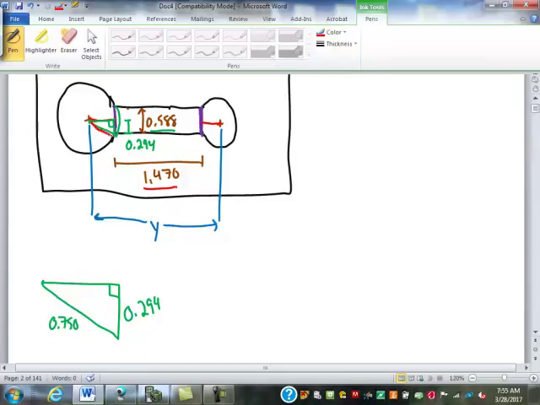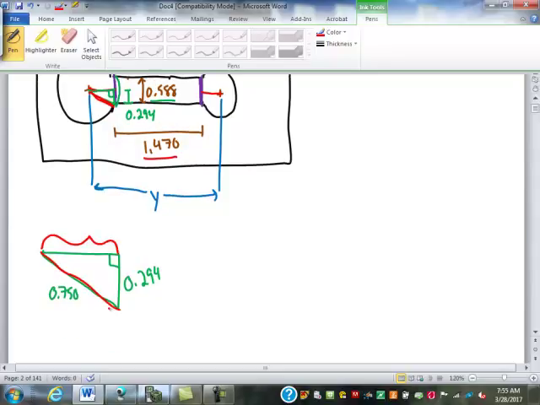This is the radius of the circle, so the hypotenuse of the triangle is the radius. To find this side here, it's just a squared plus b squared equals c squared. Since I have the hypotenuse, it's going to be 0.750 squared minus 0.294 squared, and then square root.